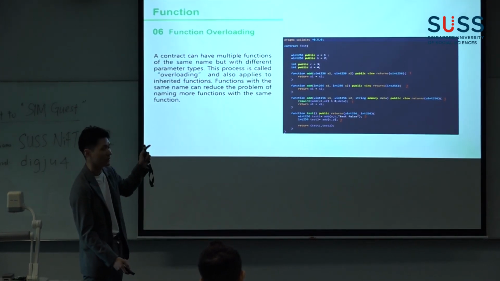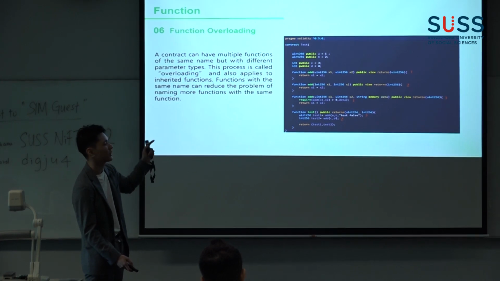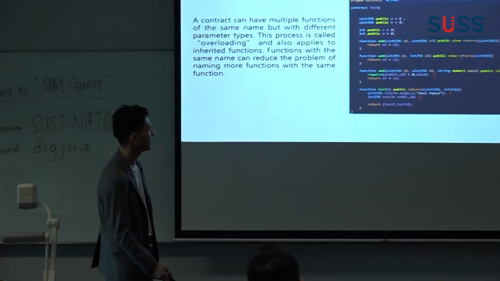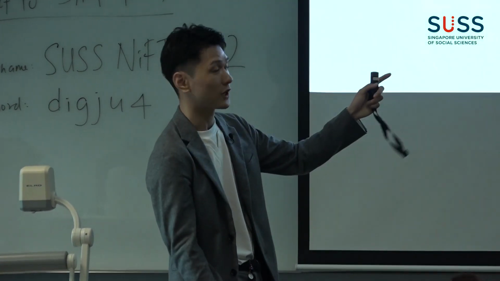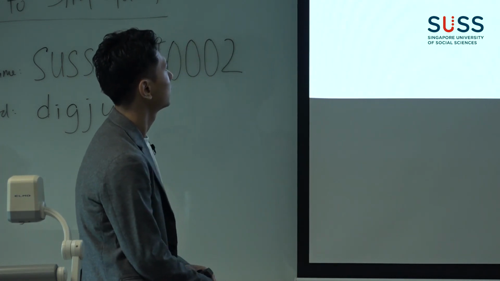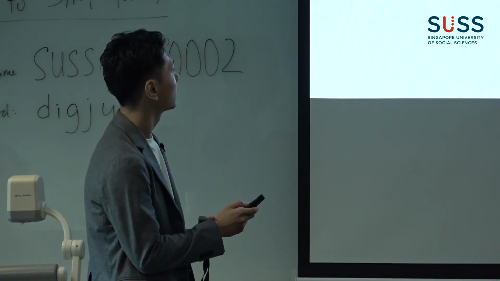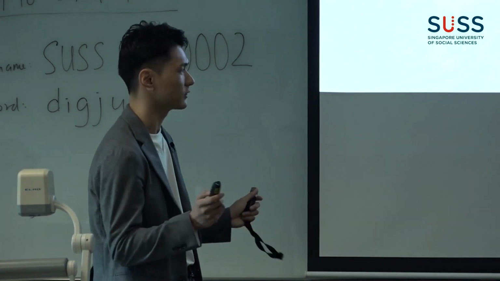C and D are both integers, so the second add function will be used. And our return value is actually a tuple. Functions with the same name can reduce the problem of naming more functions with the same exact function.